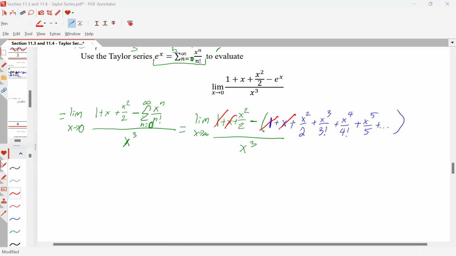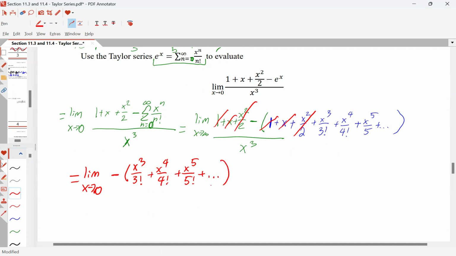X squared over 2 minus x squared over 2 cancels. Making this limit, the limit as x goes to 0, of negative x cubed over 3 factorial plus x to the 4th over 4 factorial plus x to the 5th over 5 factorial plus so on, all over x cubed.